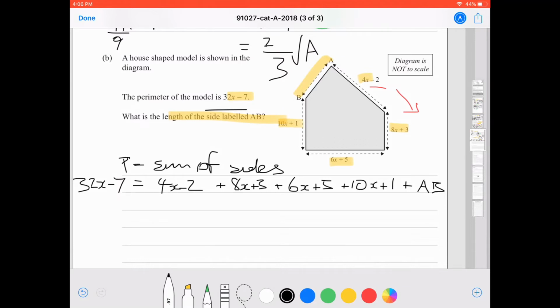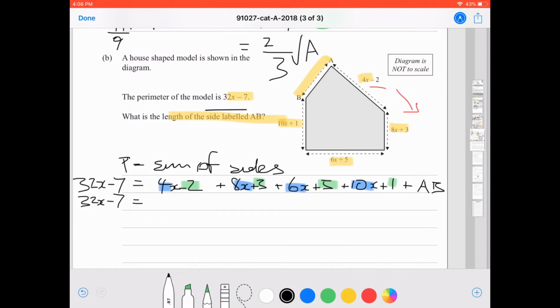Before we rearrange to find AB, let's collect like terms. We're going to add all the terms with x in them, so 4x, 8x, 6x, and 10x. And we're going to add all just the single digits, so minus 2, 3, 5, and 1. We've still got 32x minus 7 on this left-hand side.